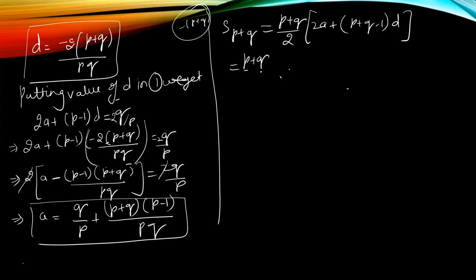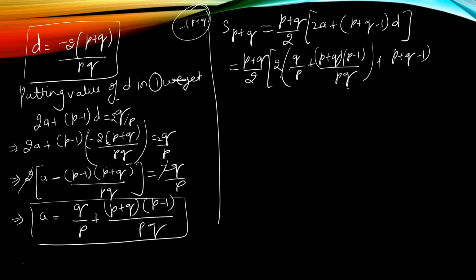P plus q by 2, 2 into q by p plus q into p minus 1 upon pq plus p plus q minus 1 into minus 2 p plus q upon pq, right?